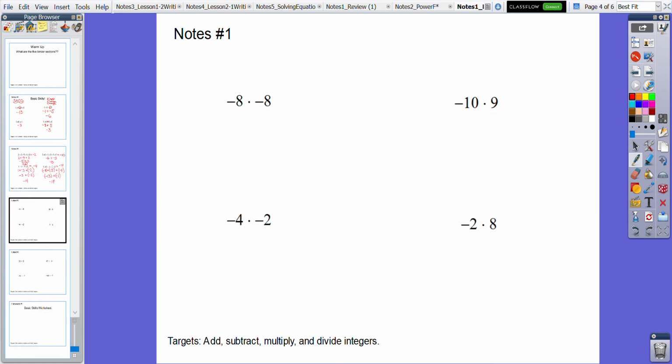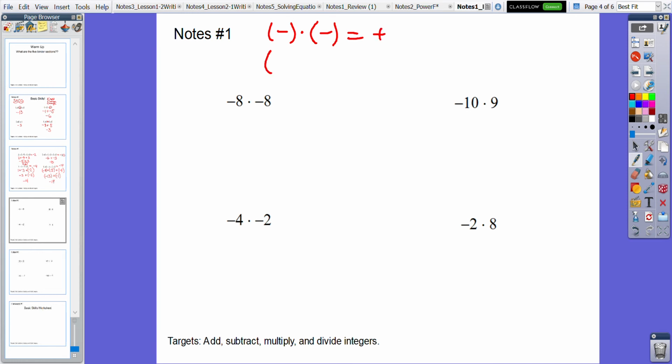Okay, so looking at multiplication and division, unfortunately we really can't do much with keep, change here. We just have to remember what our rules are for multiplying positives and negatives together. And basically, the only rule that we really need to mention is that anytime we have a negative times a negative, that gives me a positive, okay?